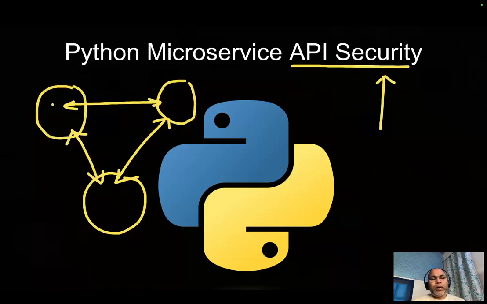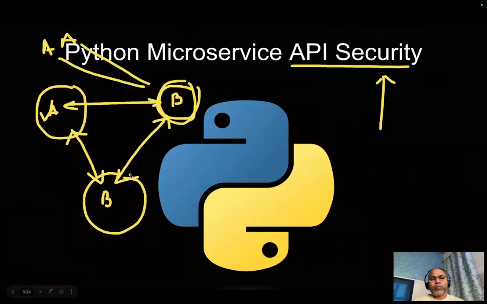Security means, let's say microservice A wants to get data from microservice B. Can microservice B, or maybe a third party, or anyone access your API, or do you want to restrict it? No, this is my API, and only an authorized person, maybe microservice A or microservice B, is allowed.